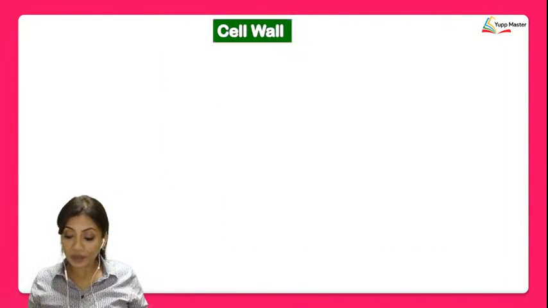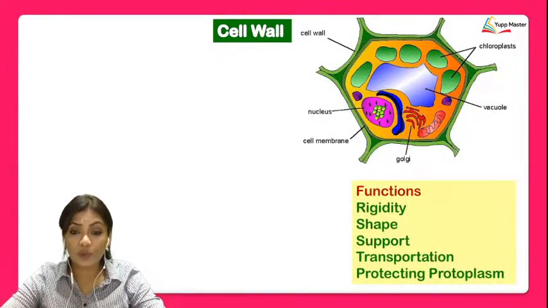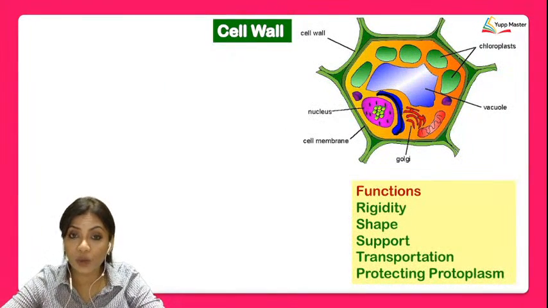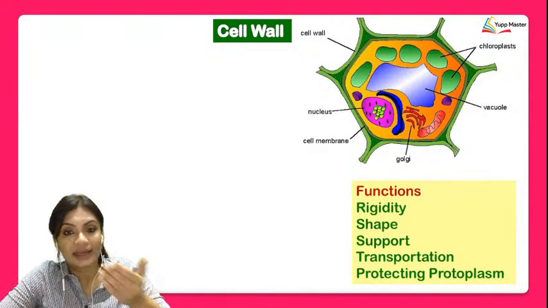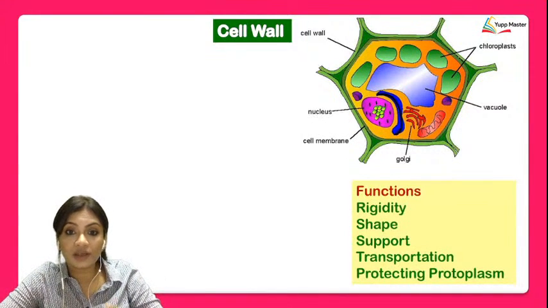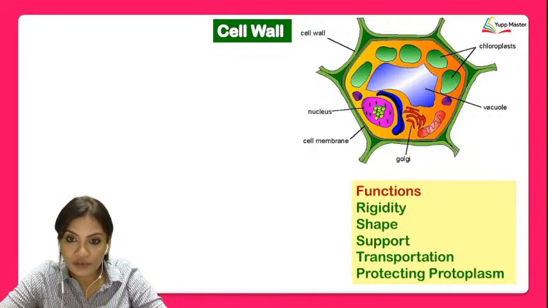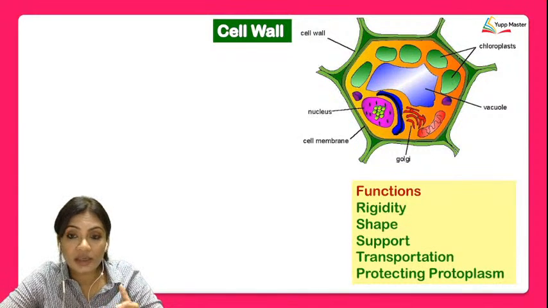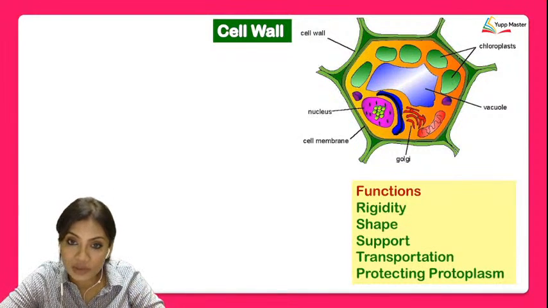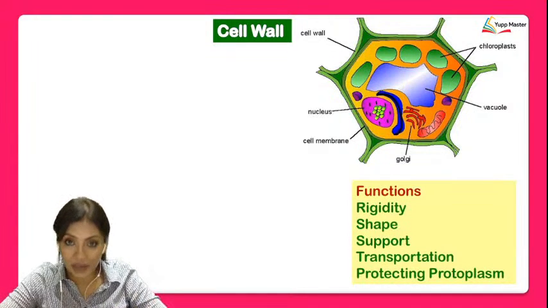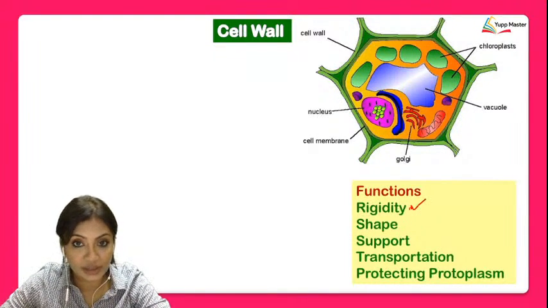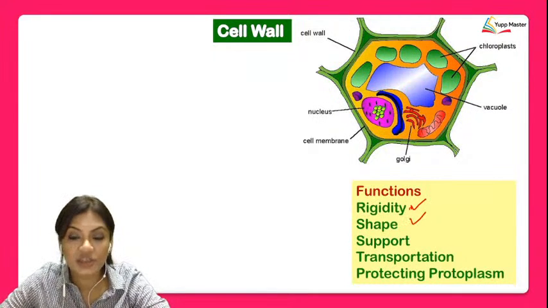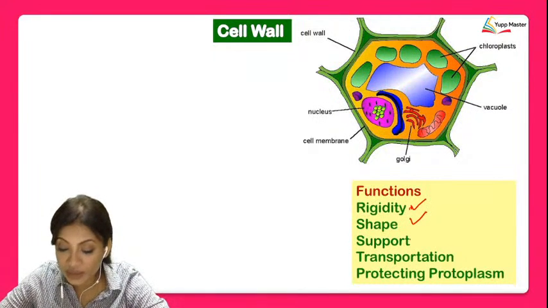Seeing ahead, what are the basic functions of the cell wall? Remember, we spoke about functions of the plasma membrane too. Now moving ahead to functions of the cell wall. First of all, this is the outermost layer present in the plant cell. It helps in giving the plant cell rigidity, its shape, and its support.